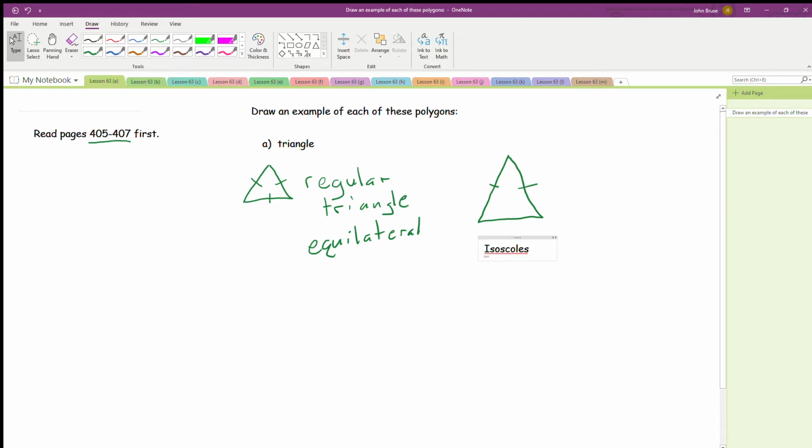Nope, I didn't spell it right, so I'm going to double check my spelling. There we go. That's an isosceles triangle. And then we have a triangle that has all different sides, and that's called a scalene triangle. Alright, so you can draw one of those.